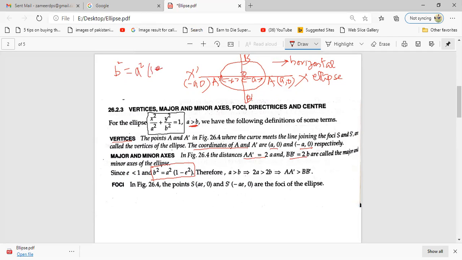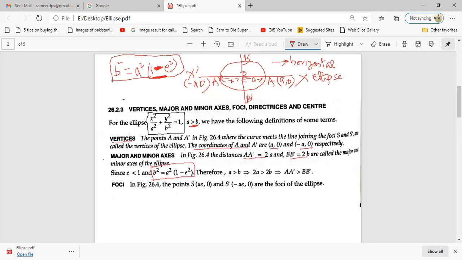Eccentricity is less than 1, so it will be subtracted from 1. In the hyperbola, it will be reversed. So this you have to remember. This will be used if A is given, the major axis is given, eccentricity is given, or sometimes we have to find the eccentricity, then we will use this formula.